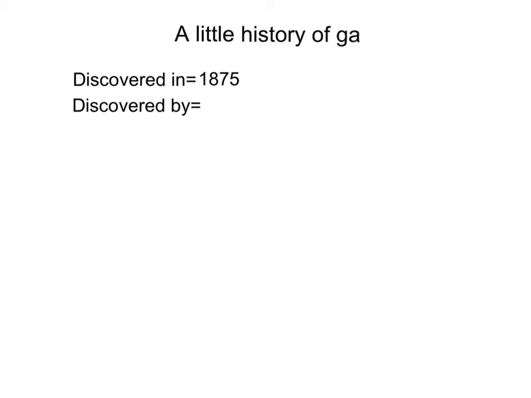It was discovered by a man whose name is really hard to say, but it is Lecoq de Boisbaudran. I think he's French or something like that, because he has a really hard name.